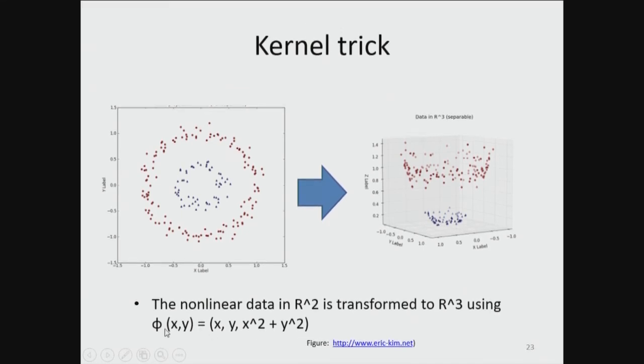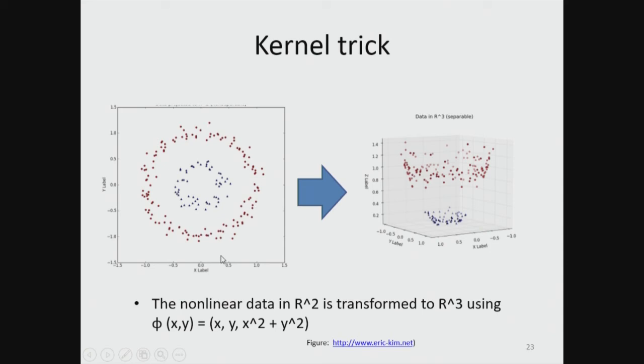Therefore, phi is a function from R2 to R3 given by phi of (x, y) equal to (x, y, x square plus y square). Each and every point has two components, x and y.